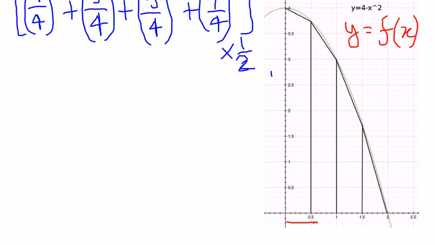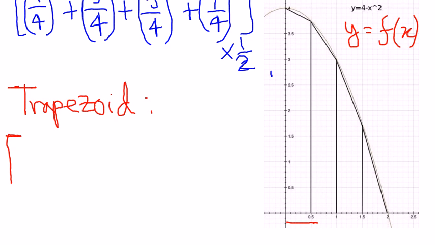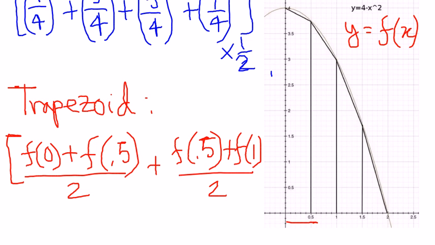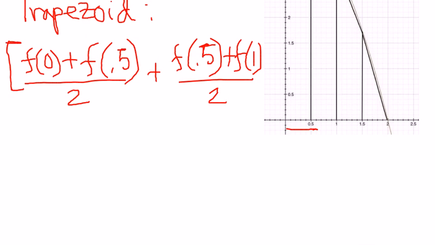So this is the trapezoid rule, or trapezoid approximation. Again we multiply everything by 1/2 at the end, but the area of the trapezoid will be (f(0) plus f(0.5))/2 plus (f(0.5) plus f(1))/2, and so on.